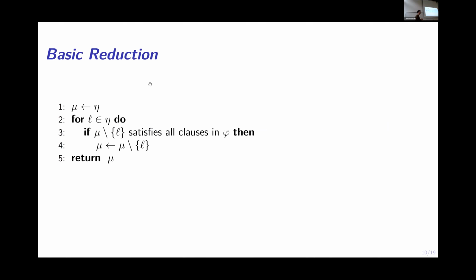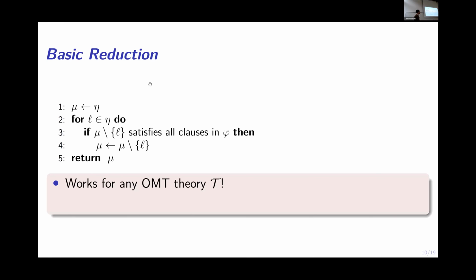So the simplest thing we can do is just try to remove the literals in any order. So we iterate over the literals of the total truth assignments, and then check if they can be safely removed from it, so that all the clauses in phi are still satisfied. If so, we can remove it, and then iterate until we look for all the literals. This is nice because it's very simple, and it works for any SMT theory.